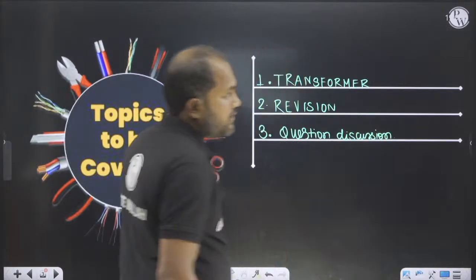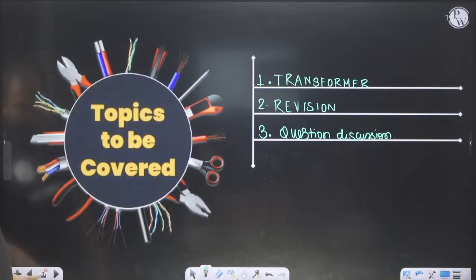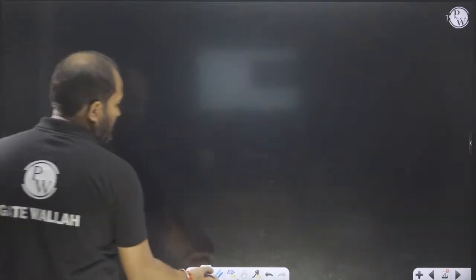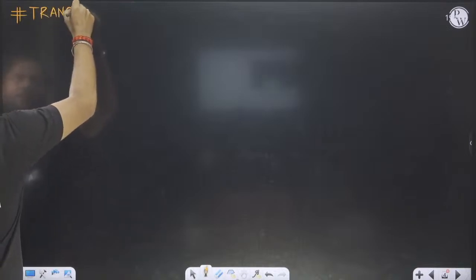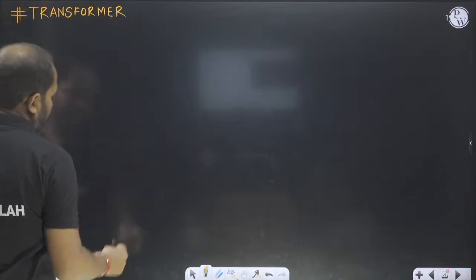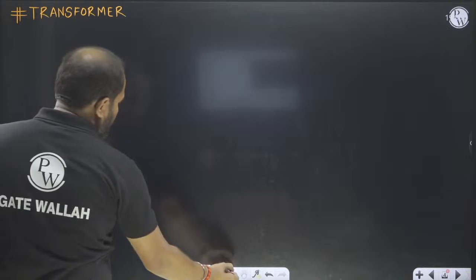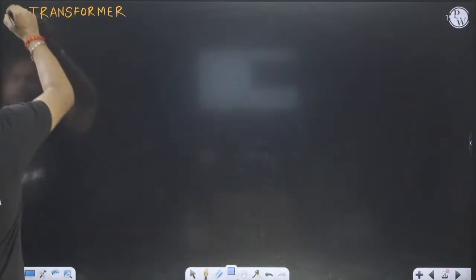Okay, so the first point is the transformer section. The transformer section is very easy, and it is asked in electronics, electrical and instrumentation, all 3 branches. So we are going to discuss the transformer section first.